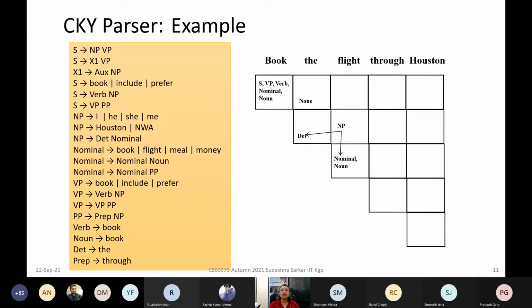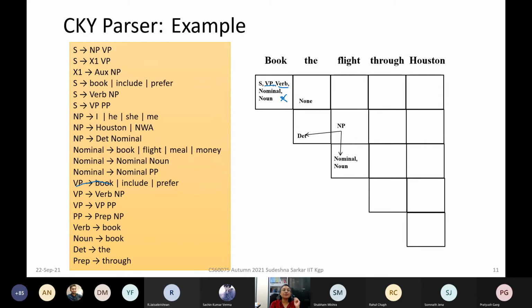what we are going to do is take each of the cells and put the list of non-terminals from which we can derive the corresponding phrase. For example, if you take this cell 1, 1, as you know, it is a word. Because we have a rule which says VP goes to book, 1, 1 is also a VP.